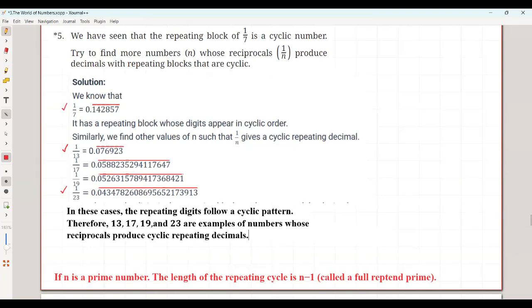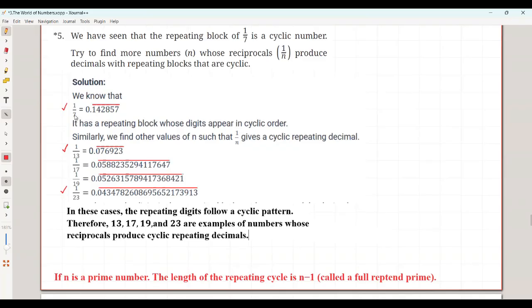If n is a prime number, the length of the repeating cycle is n minus 1. For a few numbers like 1 by 7, 1 by 17, 1 by 23, these are called full reptend primes. Full reptend prime means if n is prime, the cycle repeats after n minus 1 digits.